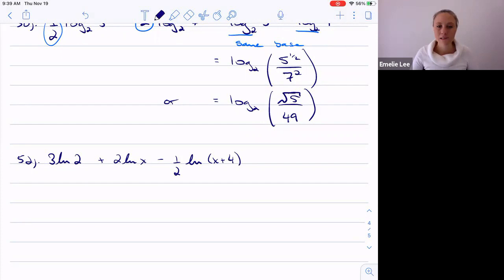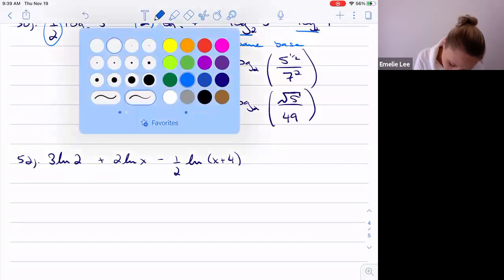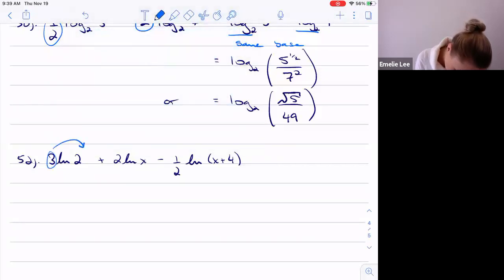Okay. Step 1, in my mind, at least, is I put the powers all back on, because until I have just the log of the same base, I'm not able to combine things. And so I'll just make a note here. This is going to go here, this is going to go here, and this is going to go here.